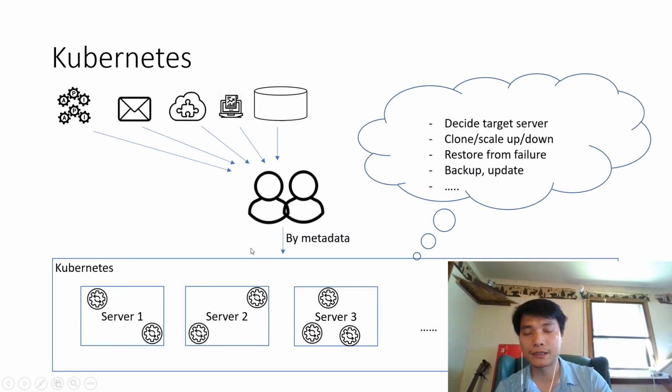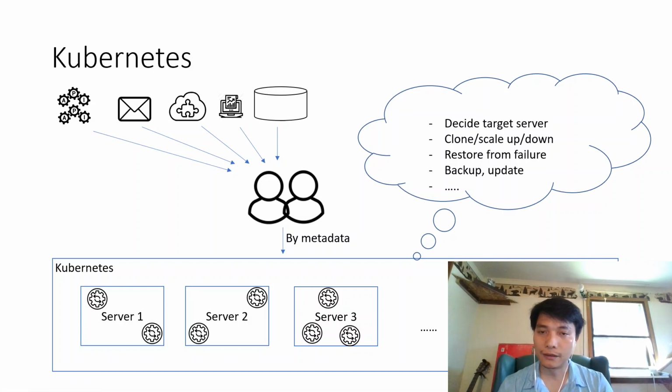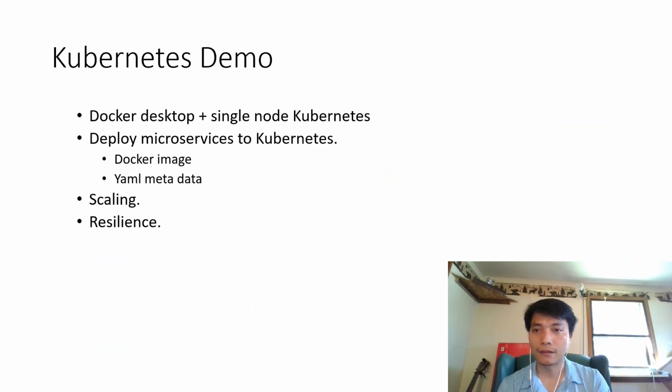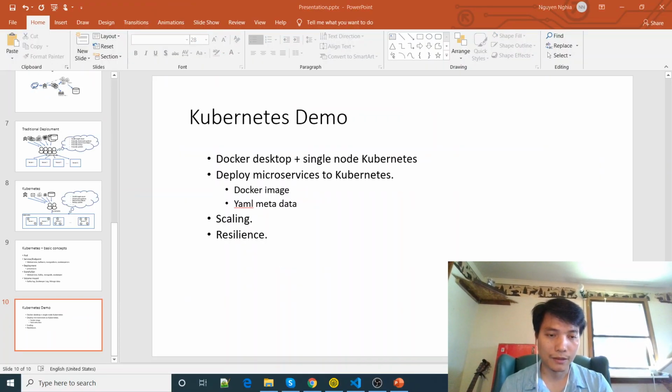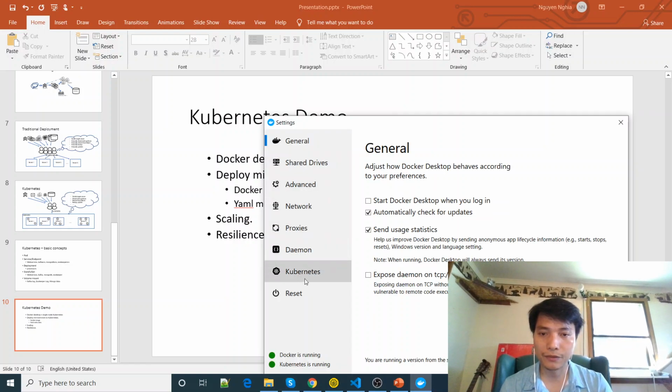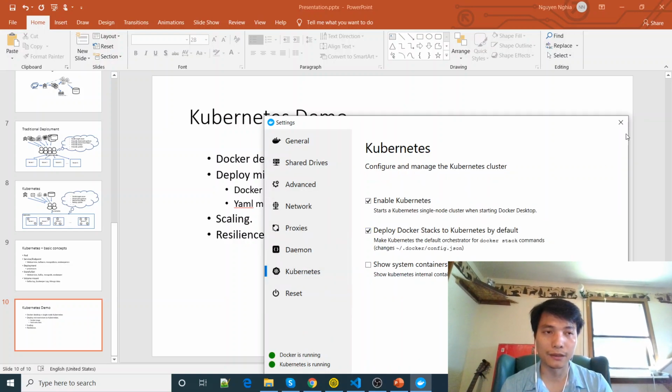How many nodes are inside doesn't matter for development, but to have better performance, we need multiple servers inside. Let's see Docker Desktop with Kubernetes enabled, so we can work on it.